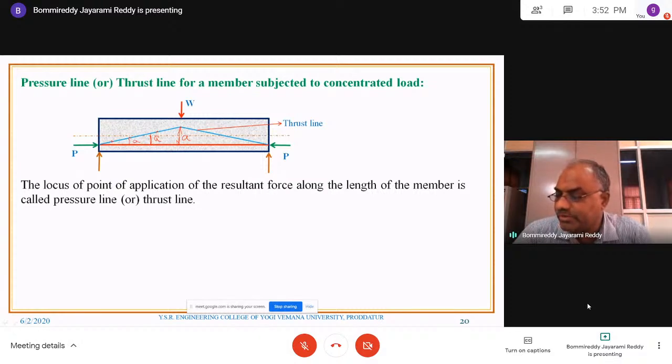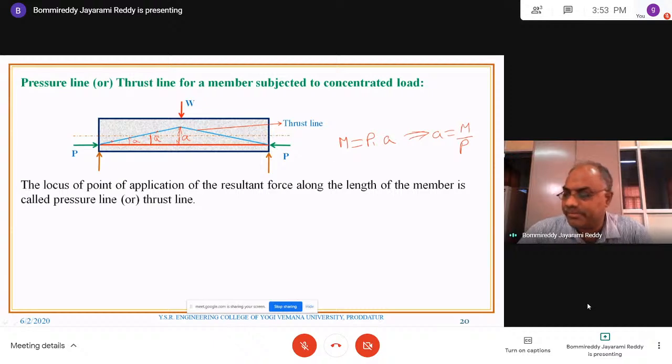You can look at what is the moment at that point. The moment at that point will be equal to P multiplied by a. What is a? a is the distance of the thrust point from the cable. So M is equal to P into a, and accordingly the shift will be equal to M by P.